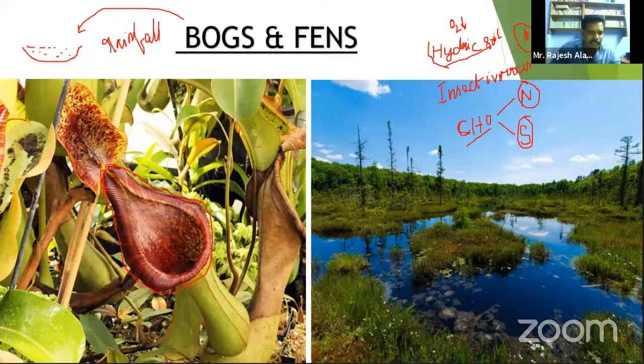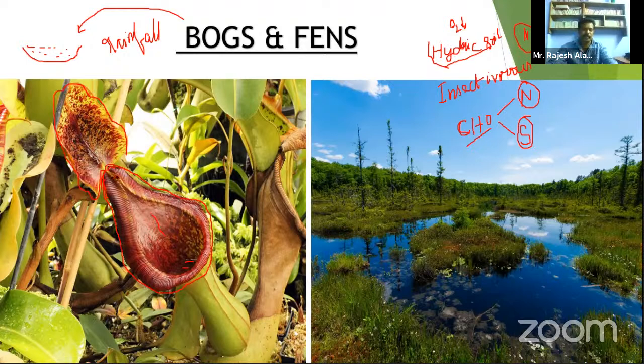So here you see there is water. Out of this perfume, this scent, the insects will be attracted. They will come and sit here. It will be somewhat slimy. Once the insect comes here, the outer lid will close. Imagine, sir, a plant eating an insect. So nature can adapt in whatever way to overcome the nutrient deficiency.